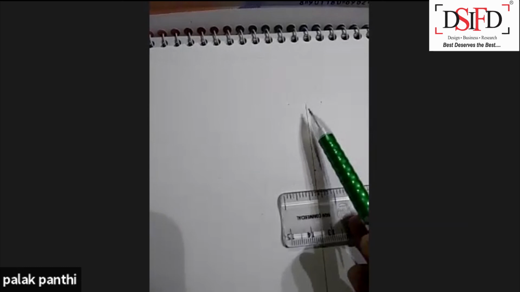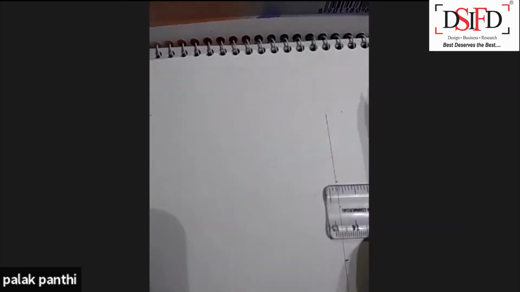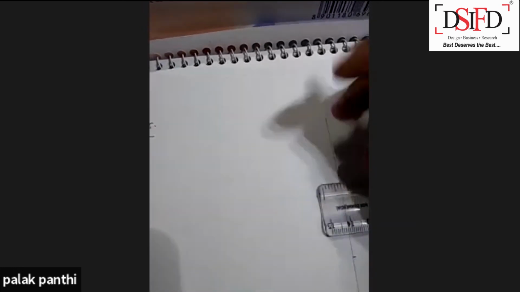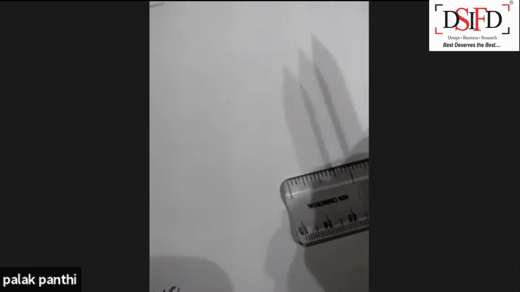Okay. 0.37 on this, 0.37 on this side. Here our head was 1.5 inch long. So here also I will have to do 0.37, 0.37. We have to mark 0.37 on each side of the line to make the broadness of the face.